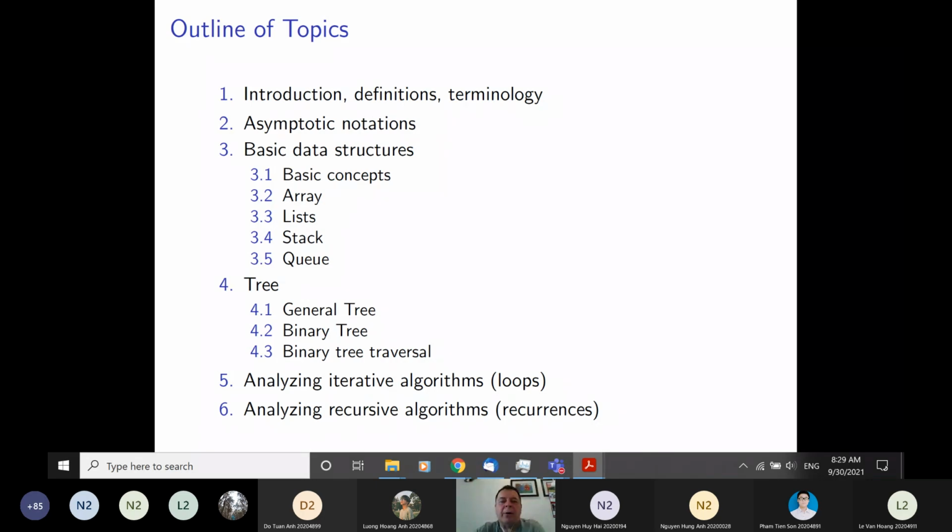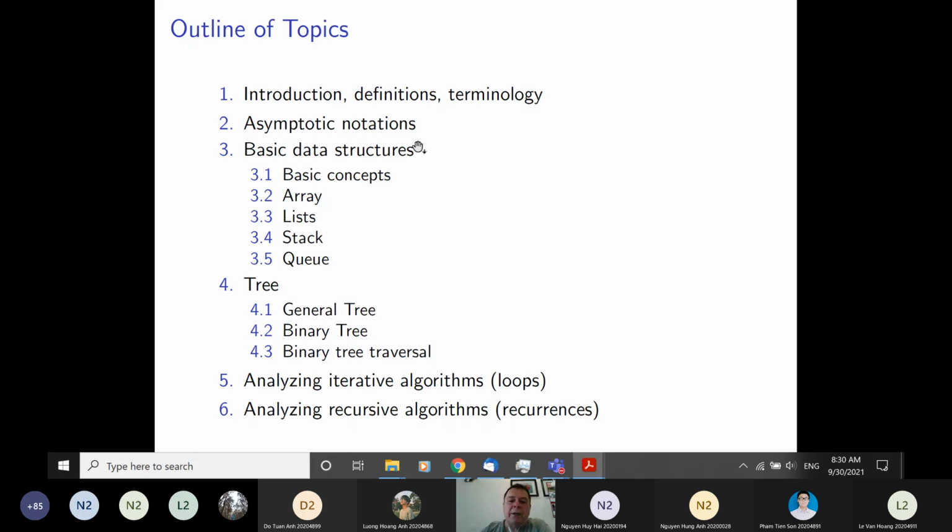The material we are supposed to cover this semester is, first, we are going to talk a little bit about some general description of what an algorithm is, and then we're going to focus on trying to measure the performance, the running time of algorithms. So the first two chapters, the introduction and asymptotic notation, are material that describe how we can measure the execution time of algorithms.